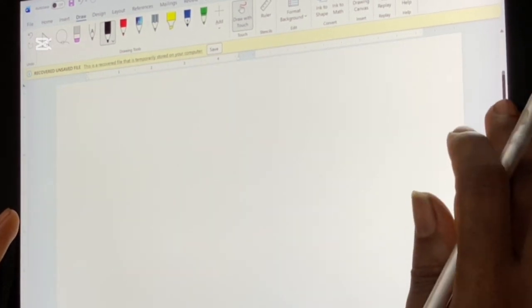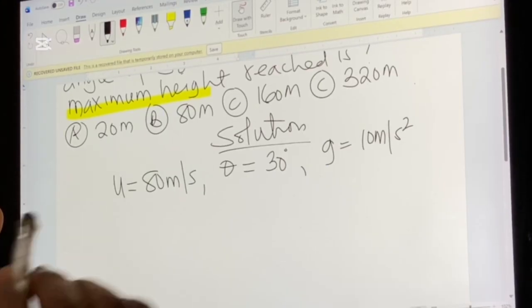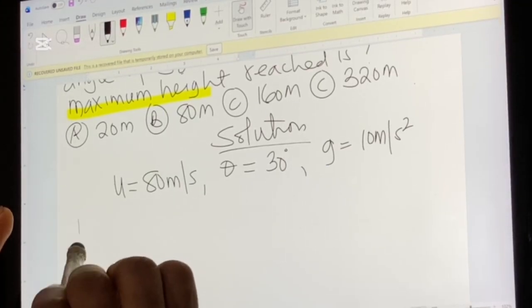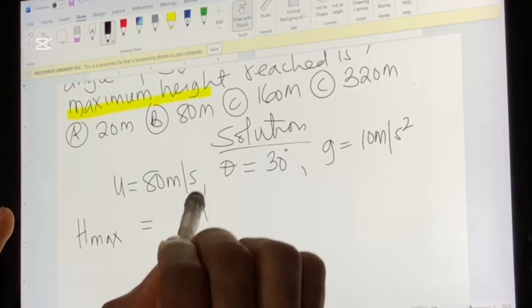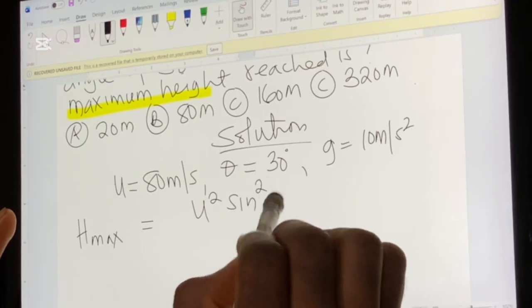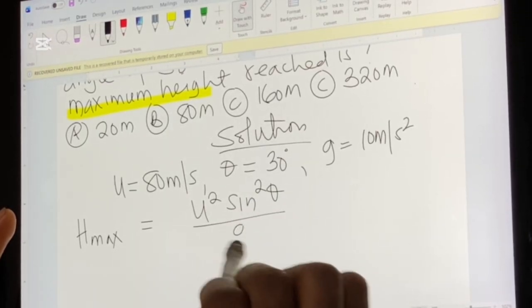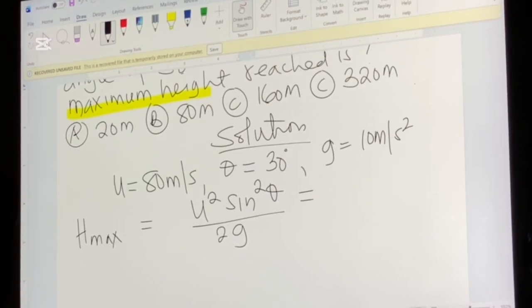So let's write down the formula for maximum height. The formula for maximum height is h max is equal to u squared sine squared theta over 2g. Please take note. Let's replace this.